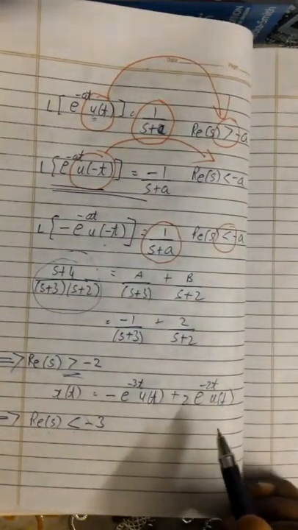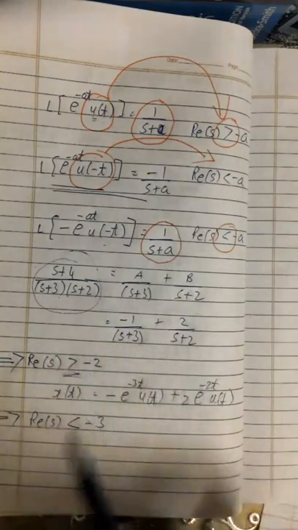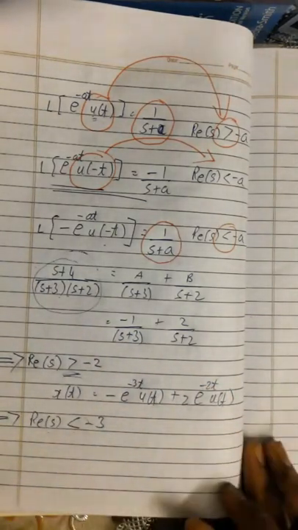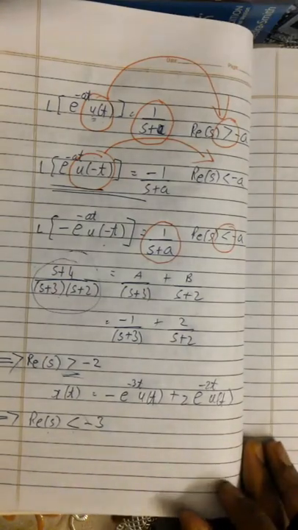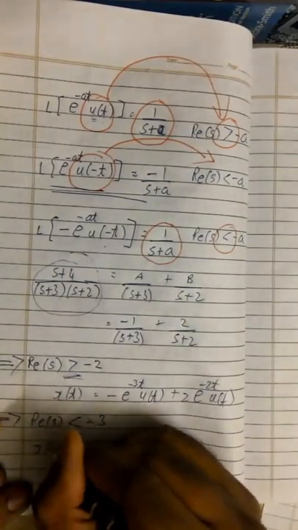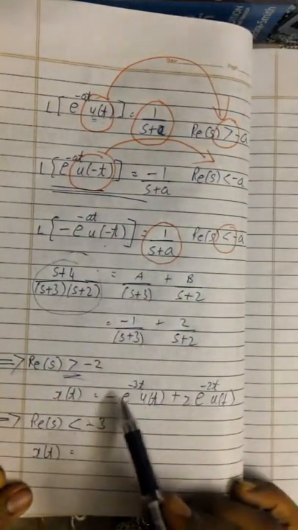I'm going to multiply each of these functions over here with -1, and then I'm going to attach u of minus t. So here, e raised to minus 3t, right? The negative of this is plus e raised to minus 3t.